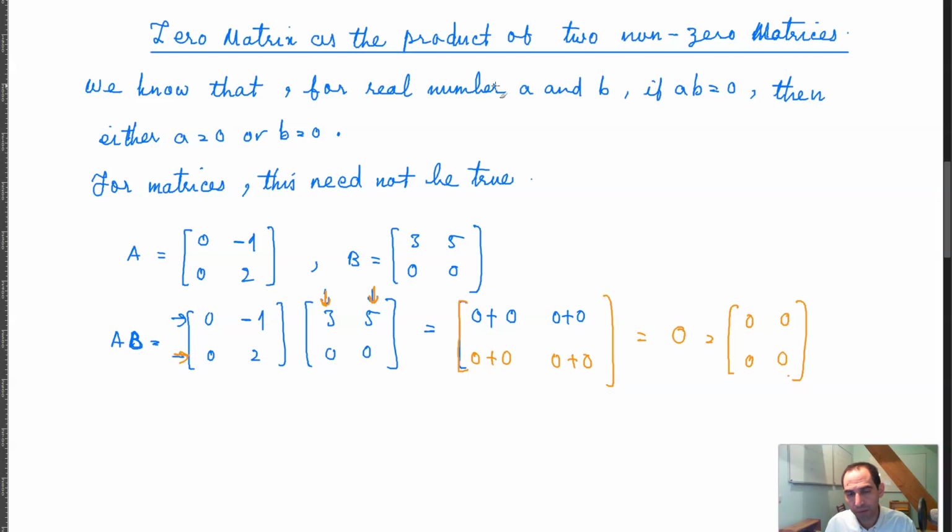There is no other way. But in the case of matrices, you could have a zero matrix as a product of two matrices, neither of which is a zero matrix. Thus, if the product of two matrices is a zero matrix, it's not necessary that one of the matrices is a zero matrix, right?